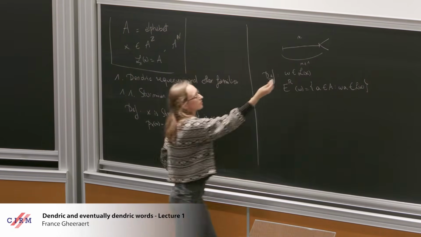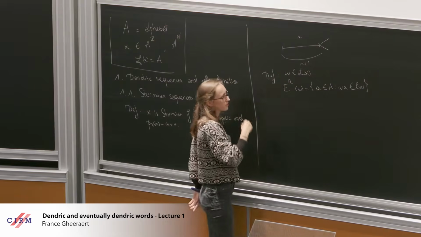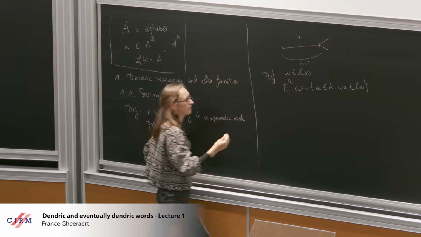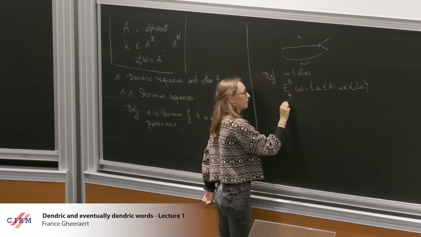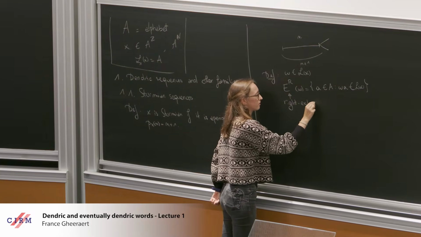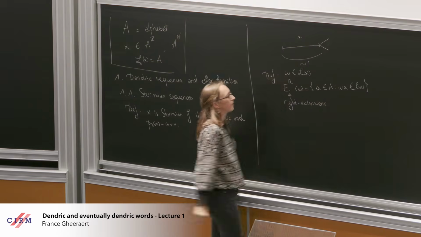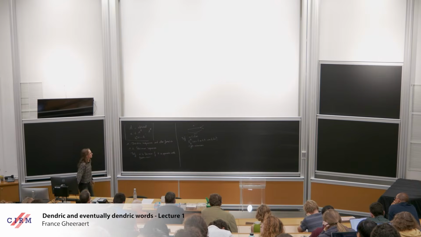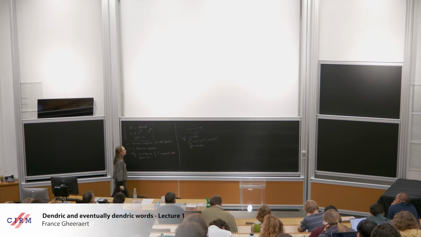Okay, so these are the letters that I can see here to the right of my word and still stay somewhere in X. And these are called right extensions. Okay, so that's, I think, the name is pretty natural. So the ways of extending W on the right are the right extensions.